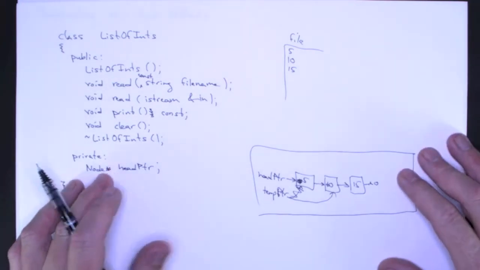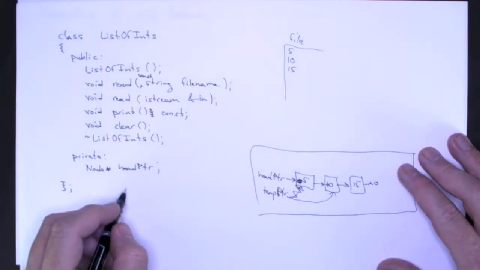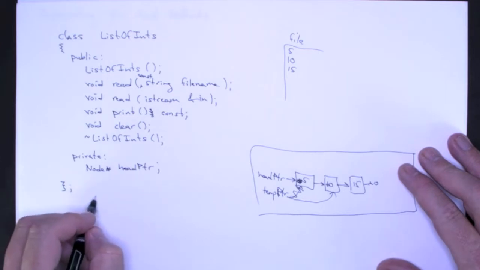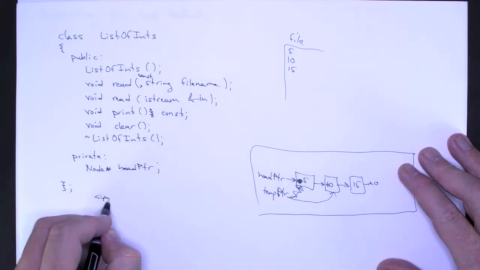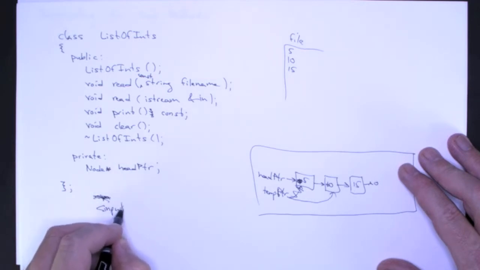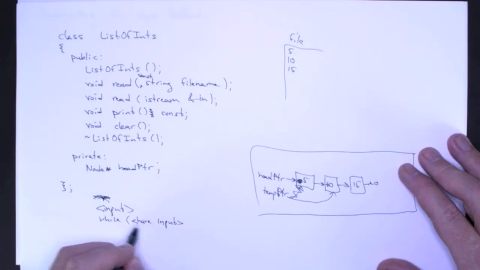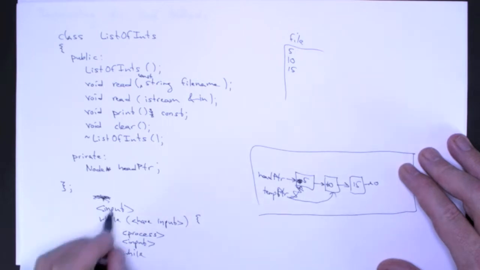The other thing that we have to remember is our pattern for reading objects out of a file. Generally the way that we want to do that is we want to say input, and then while I have input, then I want to process the input, and then I want to go back and get input again. So it's important to remember that.